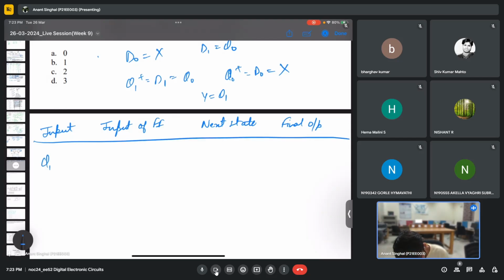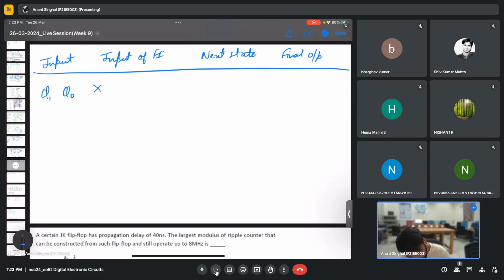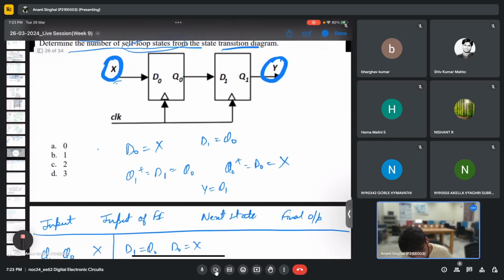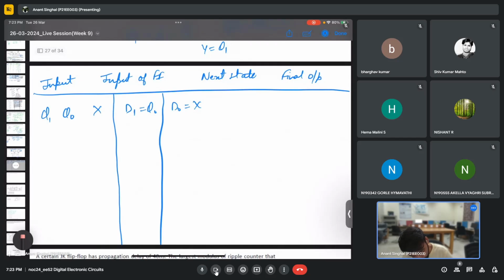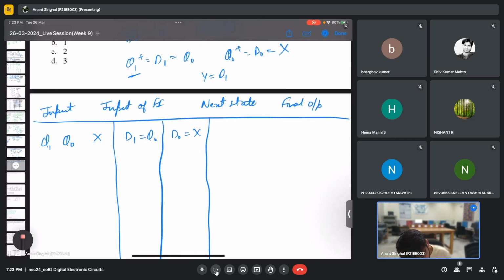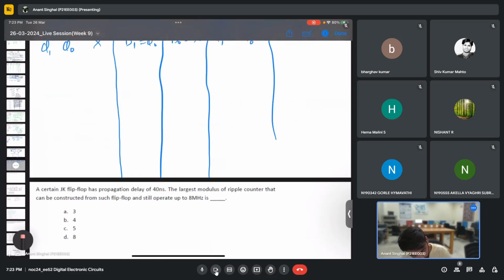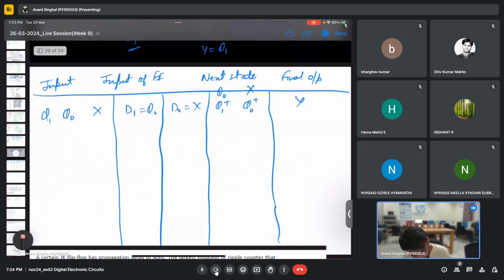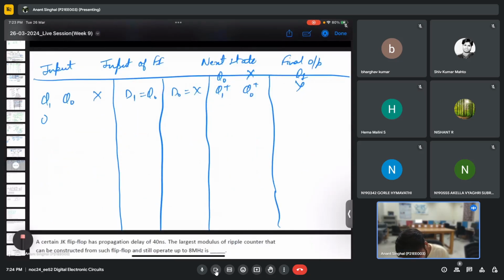The inputs can be Q1, Q naught, and X. Then we have D1, which is Q naught, and D naught, which is X. Then the next state will be Q1 plus, which is Q naught, and Q naught plus, which is X. And the final output is Y, and Y is nothing but Q1 again. So I'll write the table. I'll write all the combinations.